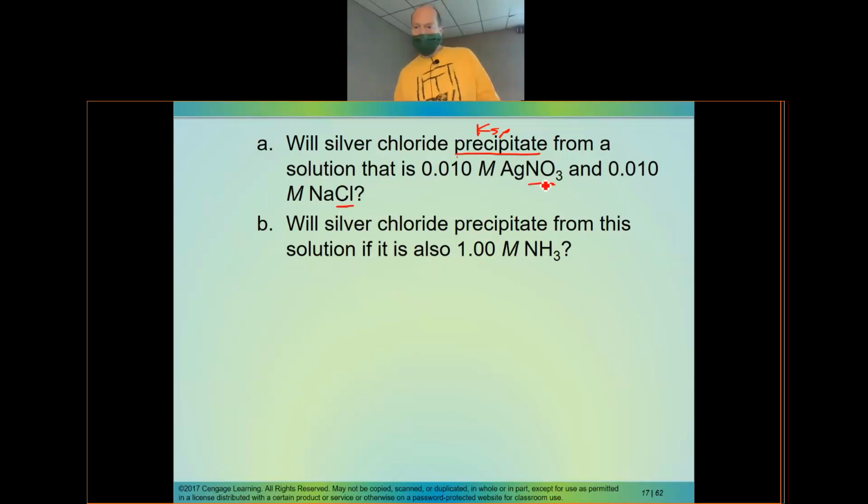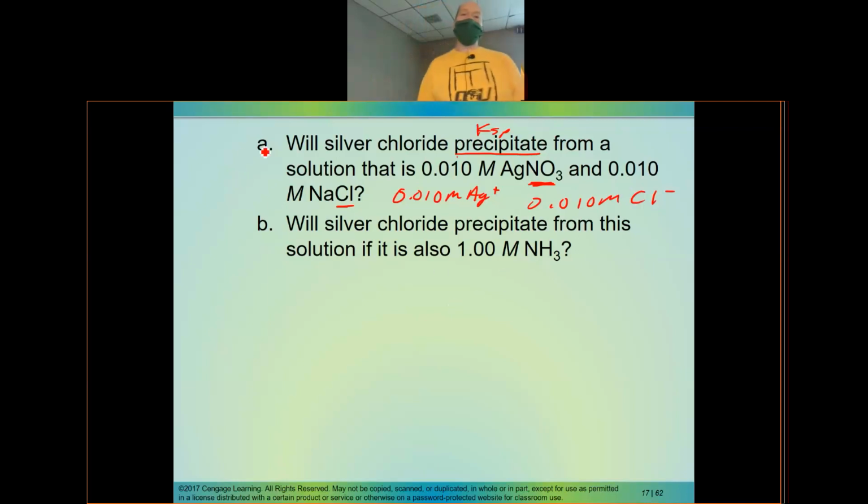So you need to recognize the question as this is a 0.010 molar Ag plus. We already did that. That is completely soluble, goes completely to Ag plus and NO3 minus. Same with the NaCl, all sodium salts are soluble. And so that will give us a 0.010 molar of Cl minus.